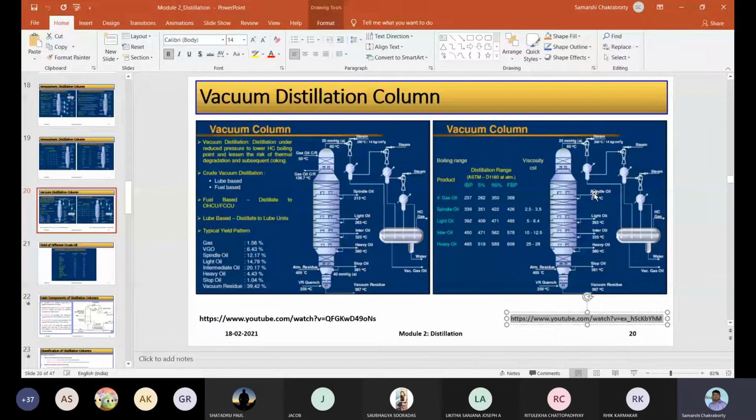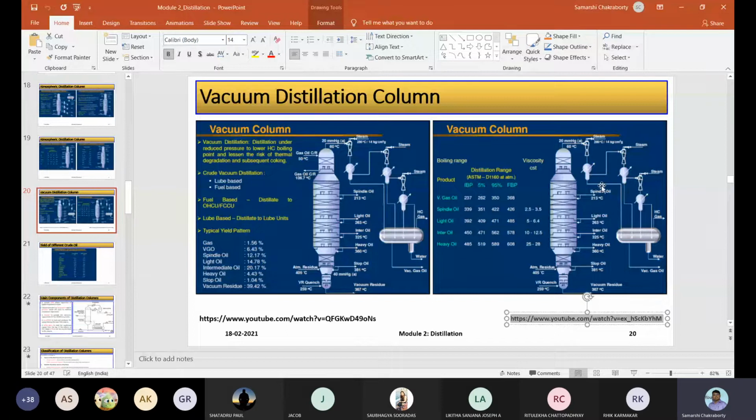Our normal atmospheric pressure is approximately 760 mmHg, and you can see the top of this column is operating at, let's say, 20 mmHg, where you are getting some of the top products.